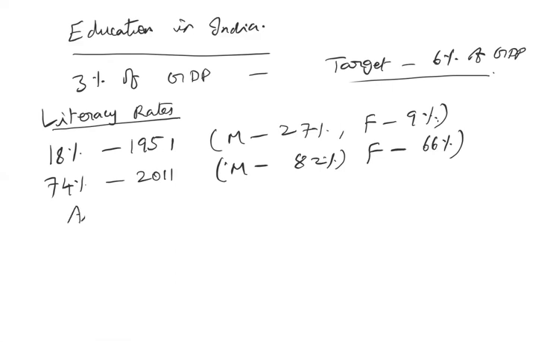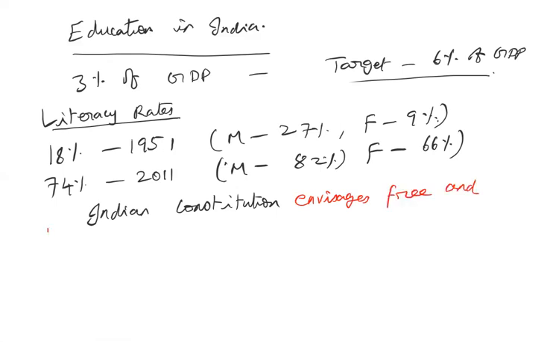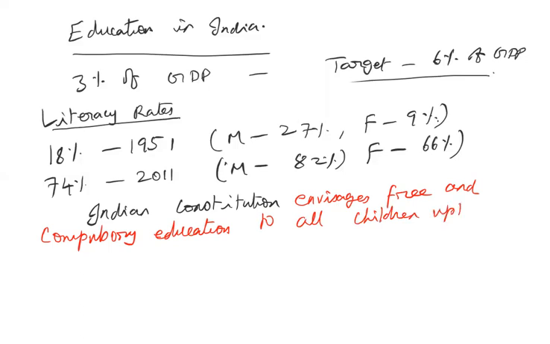So according to the Indian Constitution, the Indian Constitution envisages free and compulsory education to all children up to the age of 14 by 1960. Okay, that was when the constitution was framed.